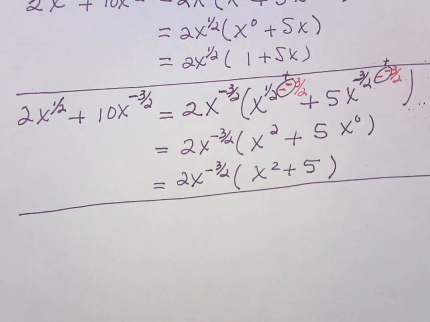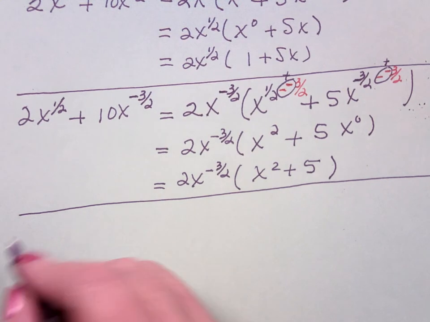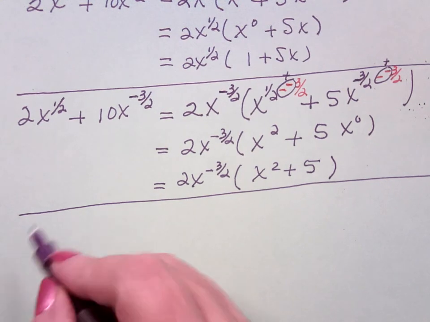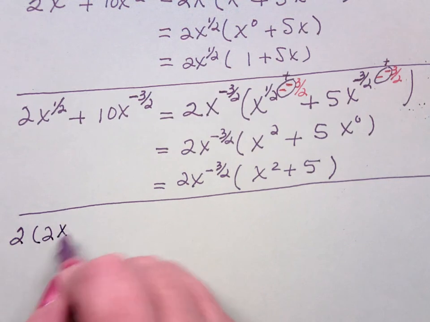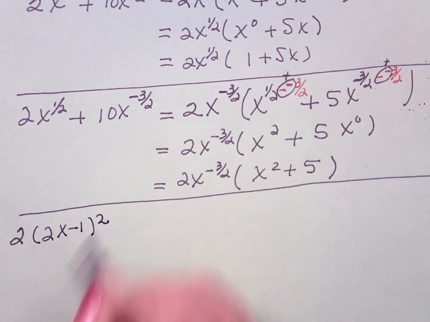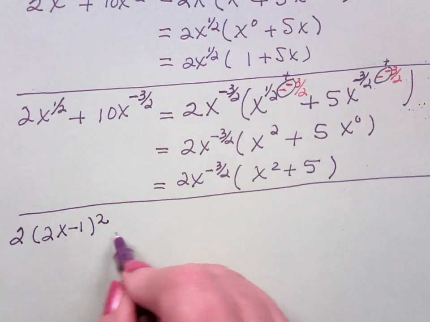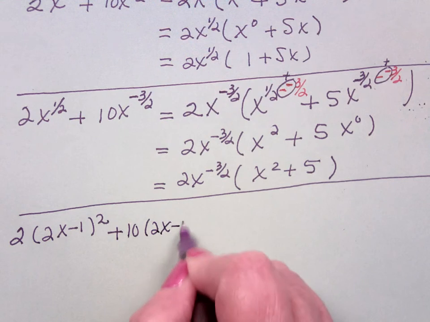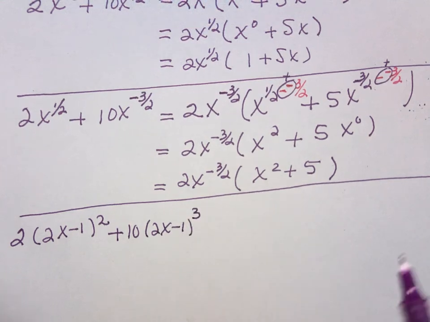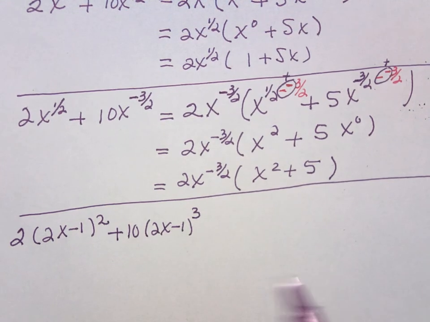Now I'm going to make another slight change. I'm going to go back to the first problem that we did, and I'm going to write this as 2 times 2x minus 1 squared plus 10 times 2x minus 1 cubed. So I replace the x's by a quantity.